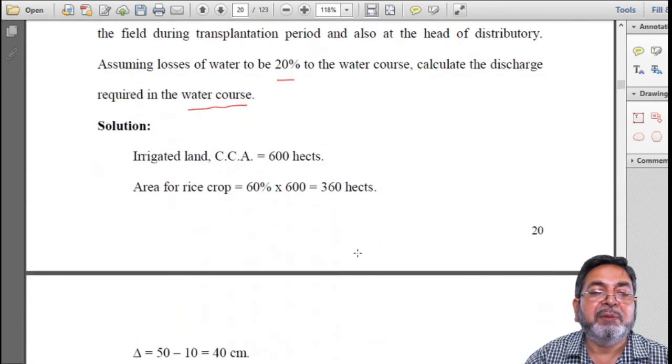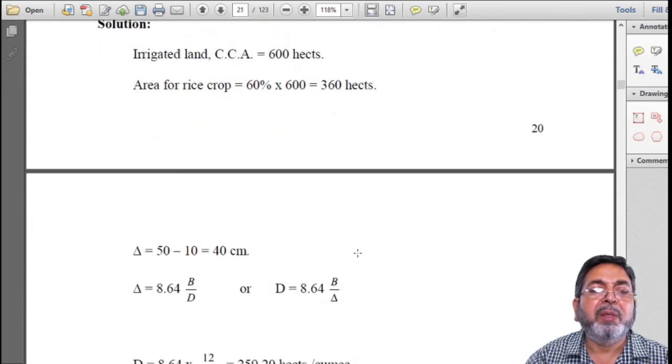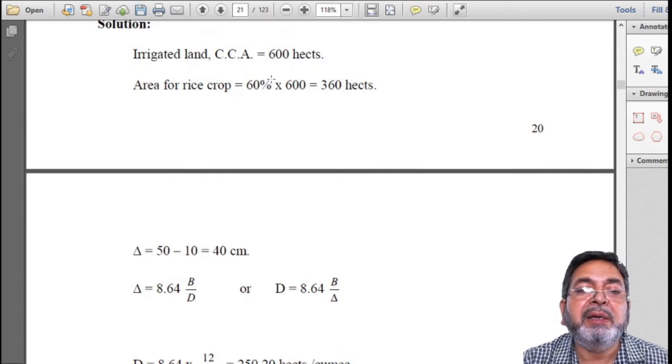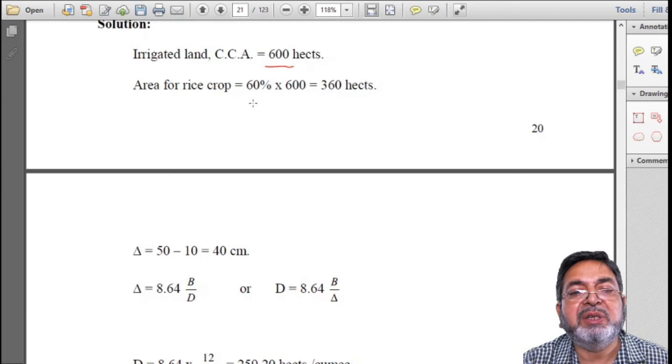Now come to the solution. As I told you, the CCA, cultivable command area, is given to you as 600 hectares, and out of this you have to use 60% for the cultivation of rice, because intensity of irrigation is given to you as 60%.